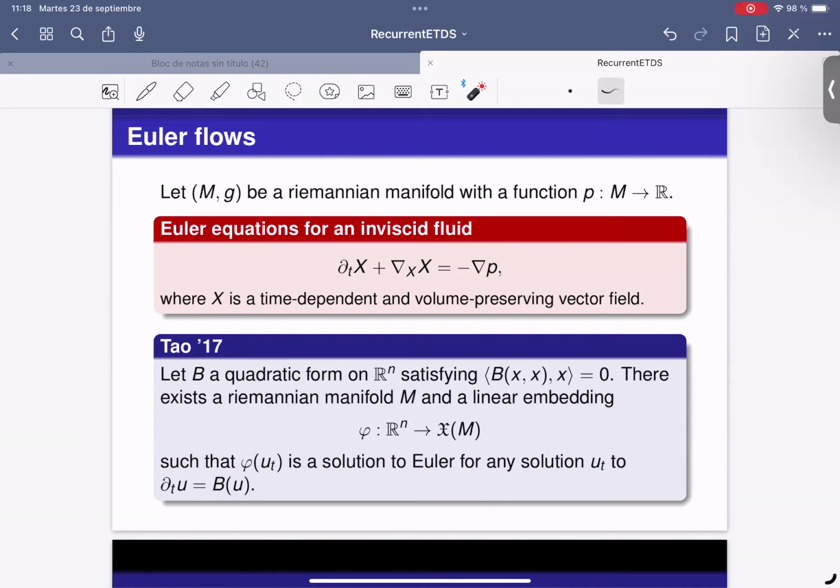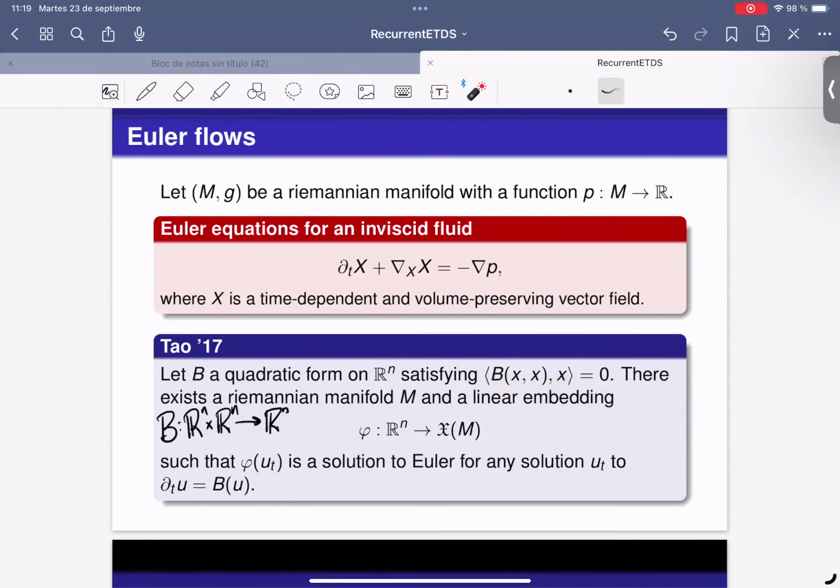Let me state this properly. Let us consider a quadratic form. It's actually not a quadratic form. B is a map from R^n times R^n to R^n such that component-wise it is a bilinear form. Suppose that it satisfies this property, with the standard metric in R^n, that B(x,x) is orthogonal to x.